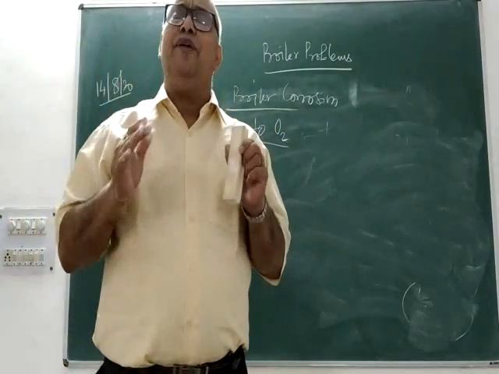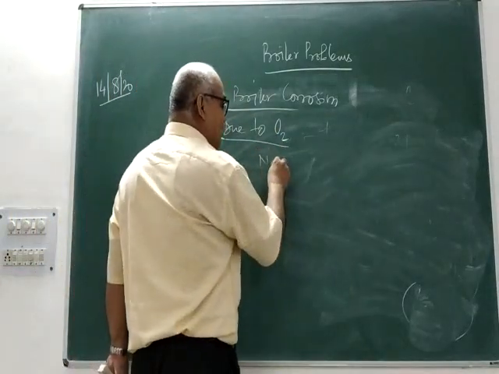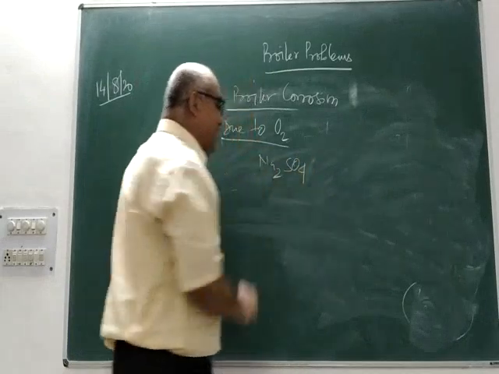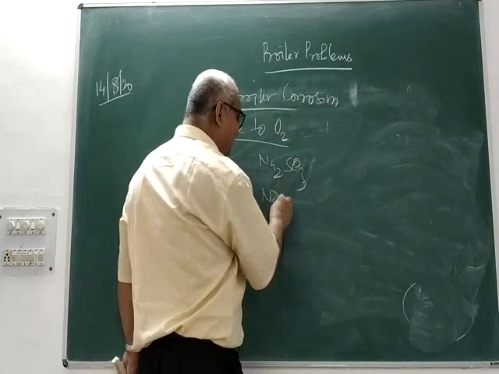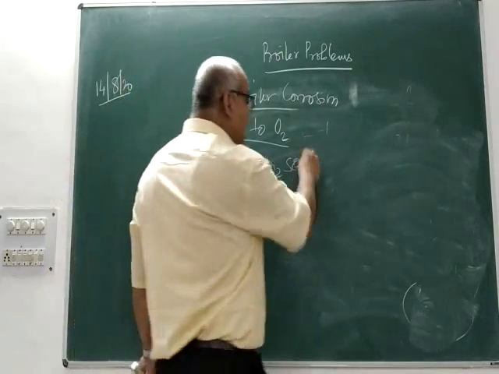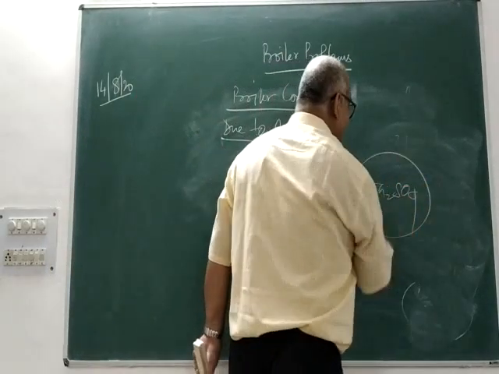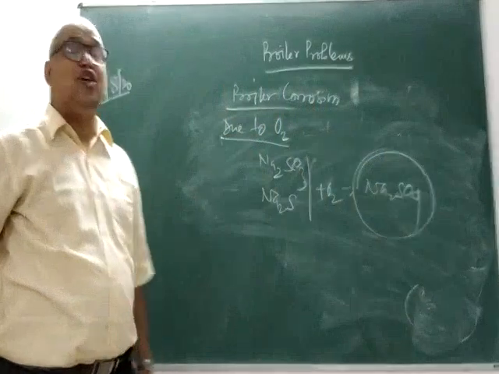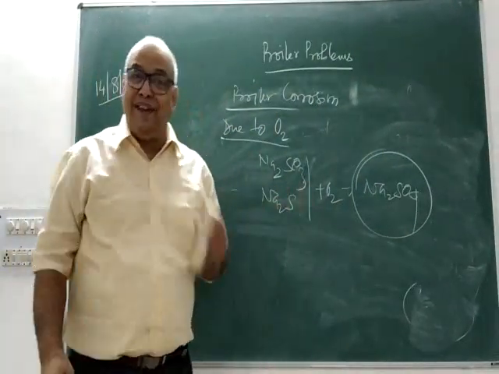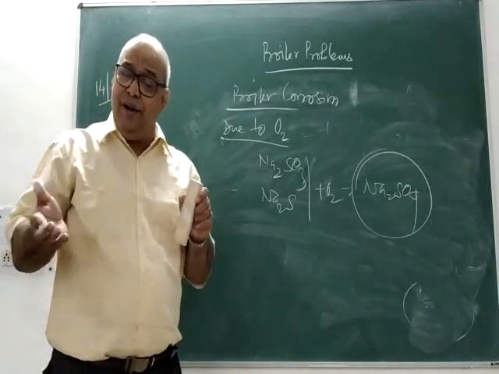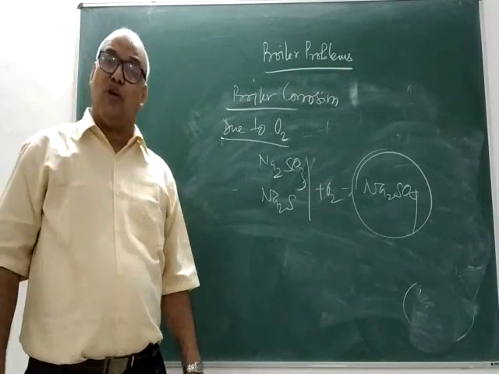If we can add some suitable reducing agent, they will react together. Suppose we use a calculated amount of sodium sulfite and hydrazine, so both of them will react with oxygen. During this, dissolved oxygen in boiler water will be consumed. As a result, corrosion due to oxygen will be stopped and corrosion can be controlled.